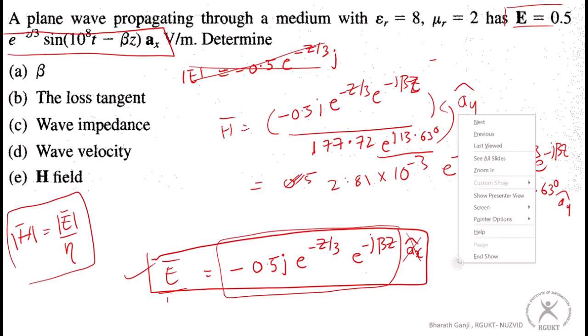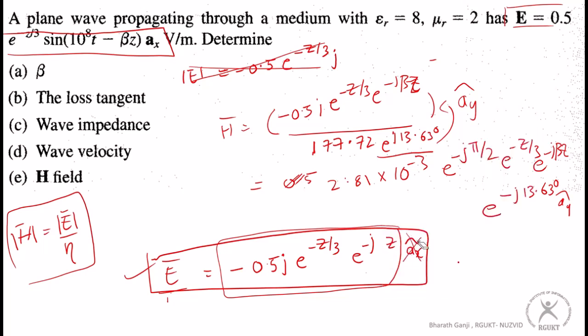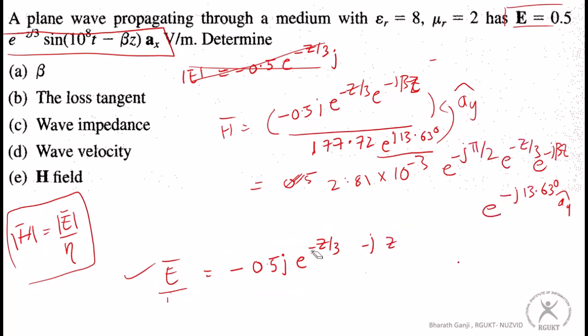So I want to write it in time domain. If you want to write it in time domain, simply multiply the equation with e^(jωt) and take the real part of it. That gives you the answer.